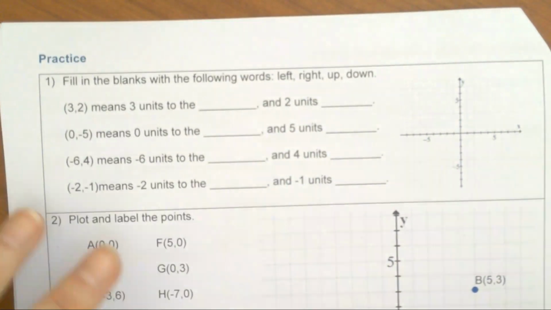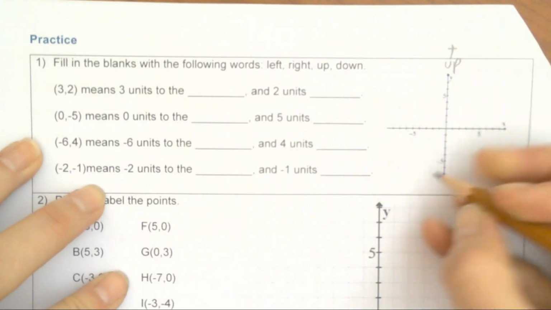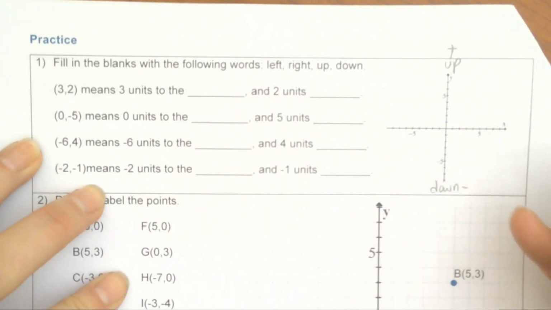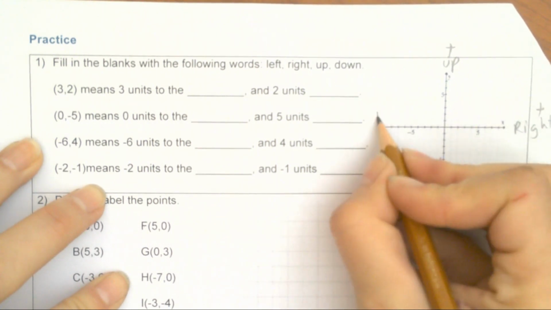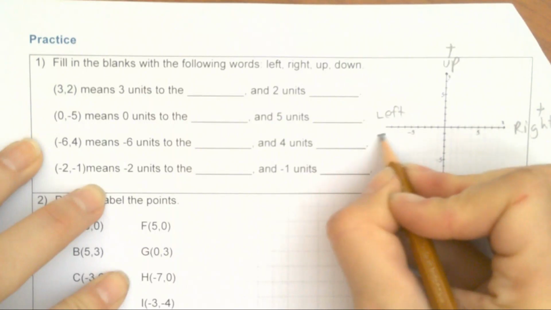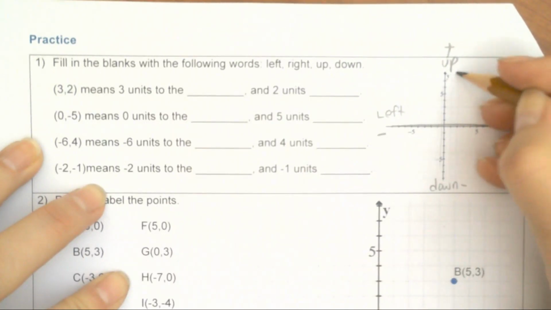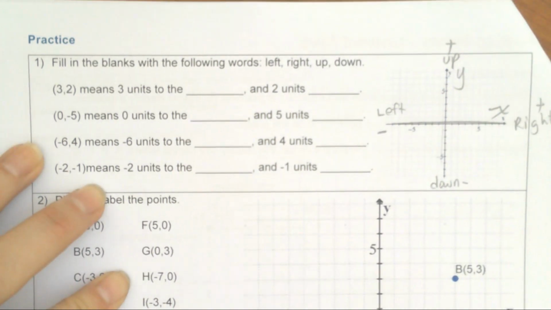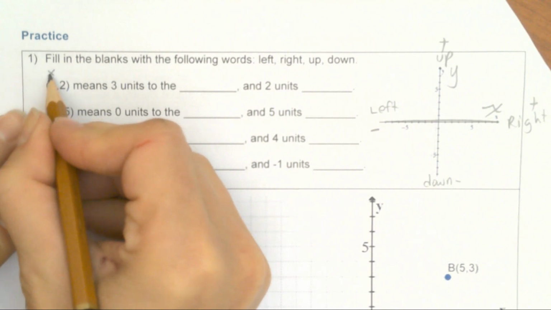Okay, so up is positive, down is negative, right is positive, and left is negative. This is my x-axis, and this is my y-axis. So if I have this coordinate here, here's x and here's y.